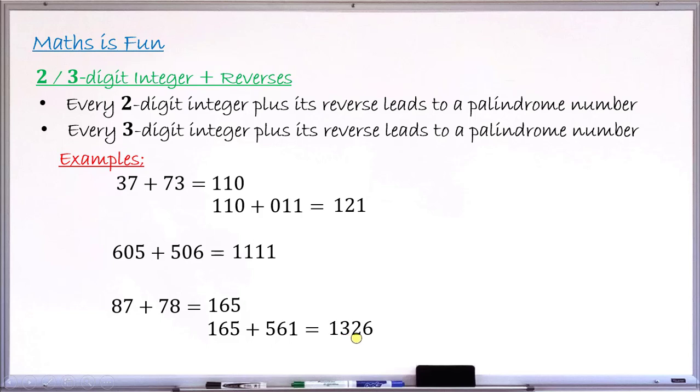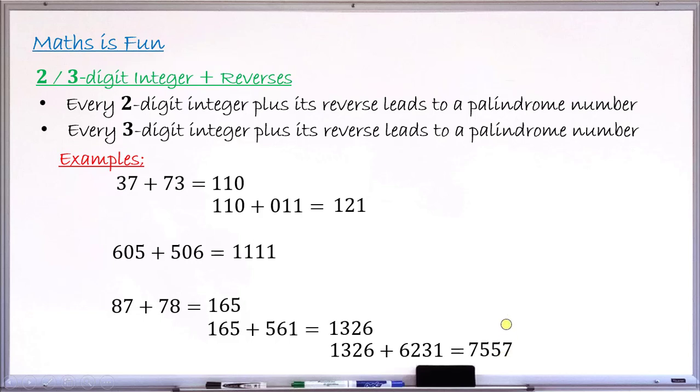So the reverse of 726 will now be 627. If you now add 726 and 627, you're going to have 1353. You can see 1353 is not yet a palindrome.